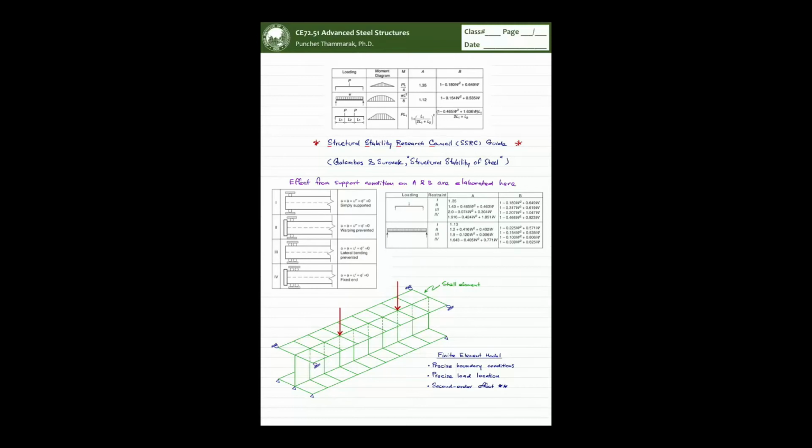We do not see a lot of physical specimen testing of steel structures in our structural engineering laboratory at AIT. Actually, in Thailand, we do not test.